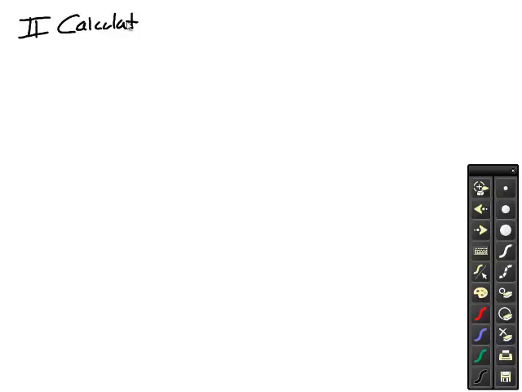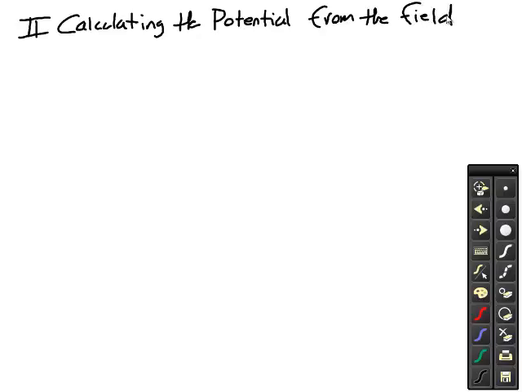Calculating the field from the potential. Oh, sorry, I'm going backwards. Calculating the potential from the field. All right, so a second ago we said, look, if the field is uniform, calculating the potential is really easy because it's just the field times the distance over which we're going to move our point charge.